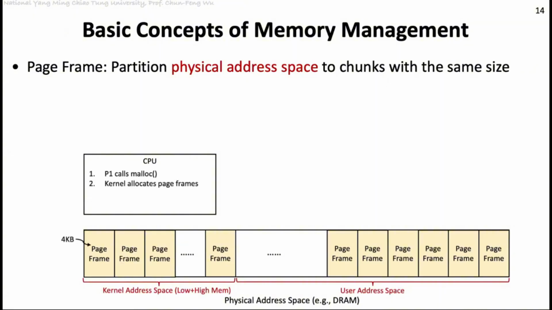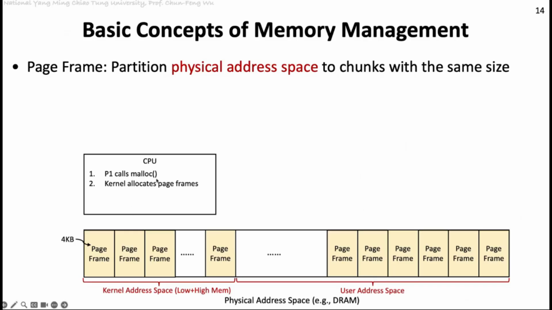Let me give you a quick example. When we are writing a C program, we frequently call the memory allocation function, right? The malloc function to get the memory address.